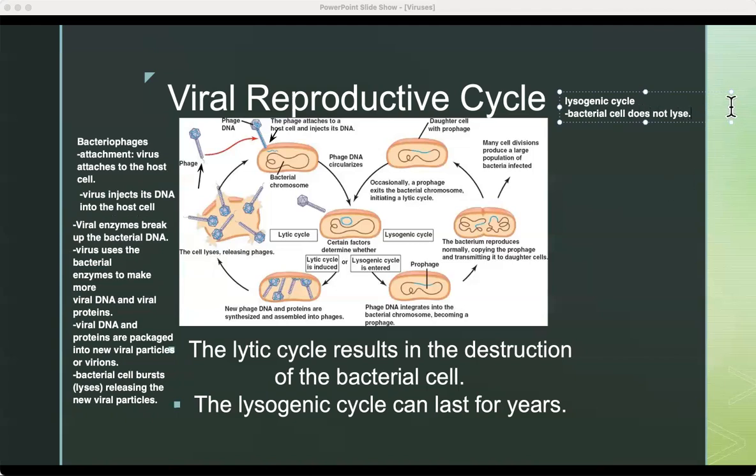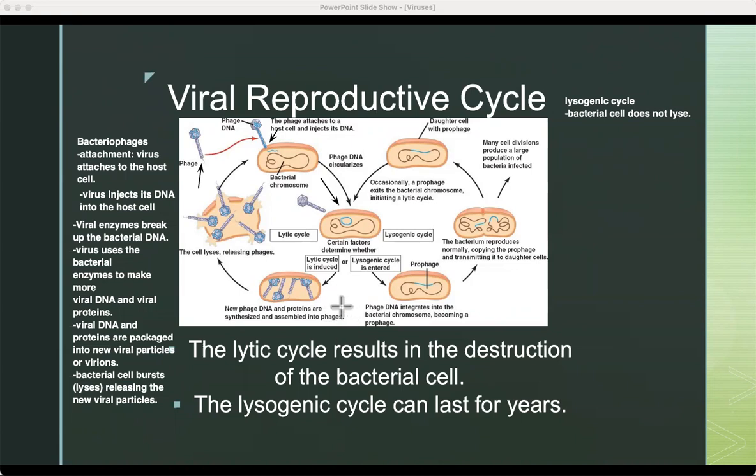The bacterial cell does not lyse. So it begins the same way. The phage attaches to the bacterial cell and injects its DNA. So let's look at this middle area right here.